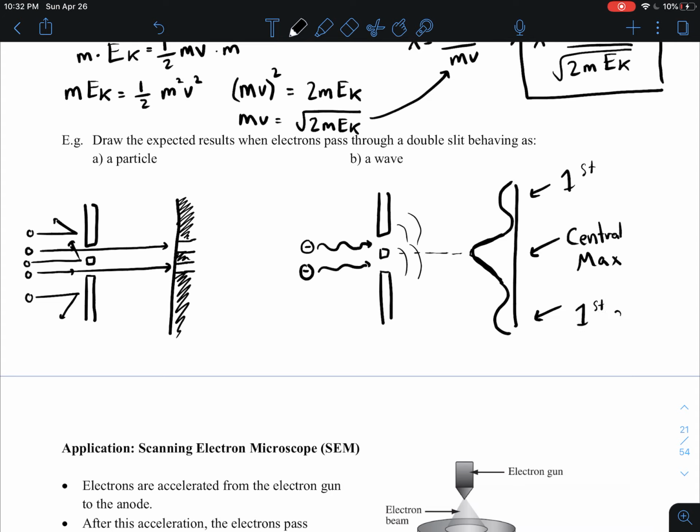So this is the same effect that we had with the waves. So now these electrons are no longer just particles. These electrons are acting like waves, and this is what we're seeing. So if you take a look at that Dr. Quantum video, it's a great example of electrons acting differently depending on the scenario.